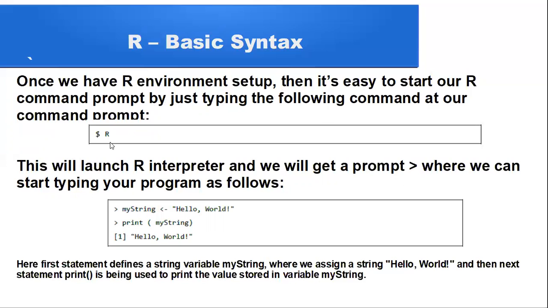This will launch our interpreter and we will get a prompt where we can start typing our program as follows: my_string <- "Hello World", then print(my_string). The first statement defines a string variable my_string, where we assign the string Hello World, and the next statement print is used to print the value stored in the variable my_string.